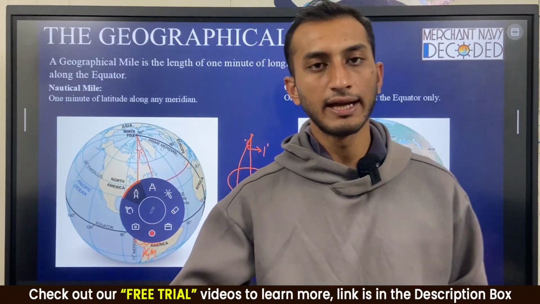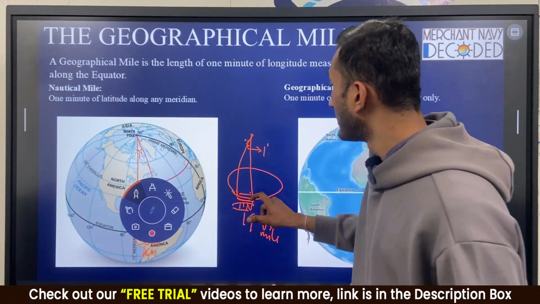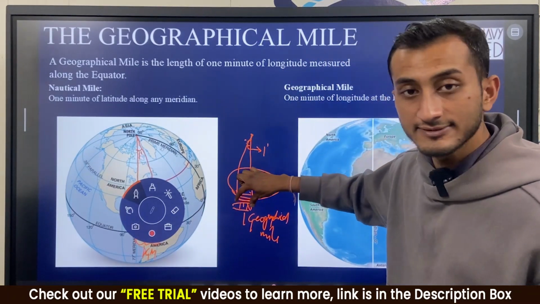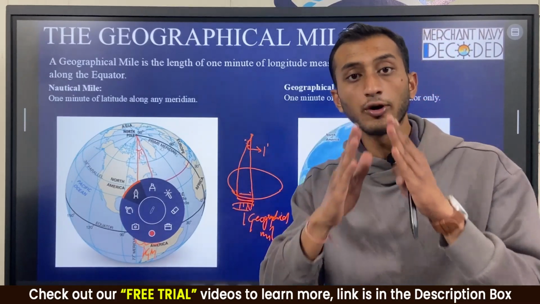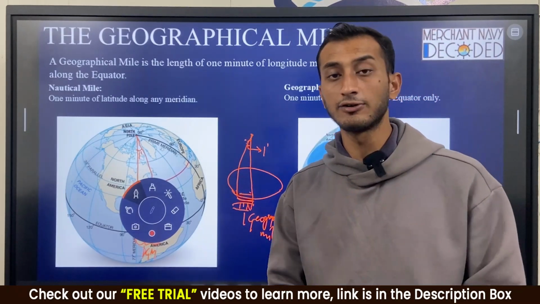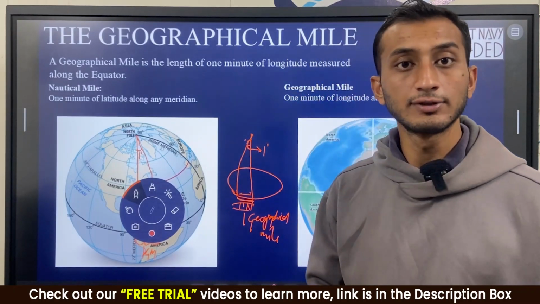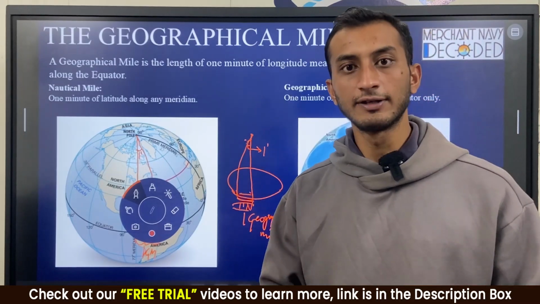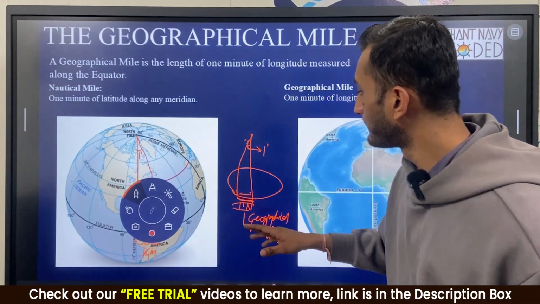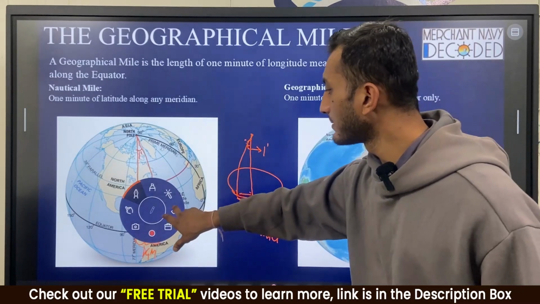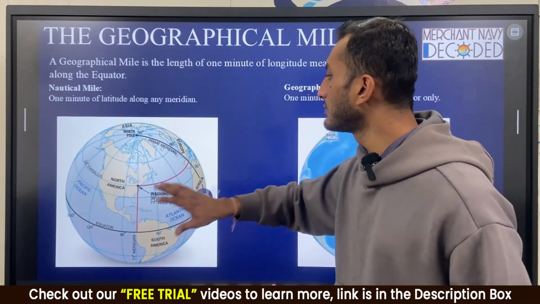It is not measured anywhere else, it is measured along the equator, because the distance between the two longitude will be maximum at the equator, not even at 1 degree south or 1 degree north. So this is 1 geographical mile. It was earlier used, but we don't use it now.